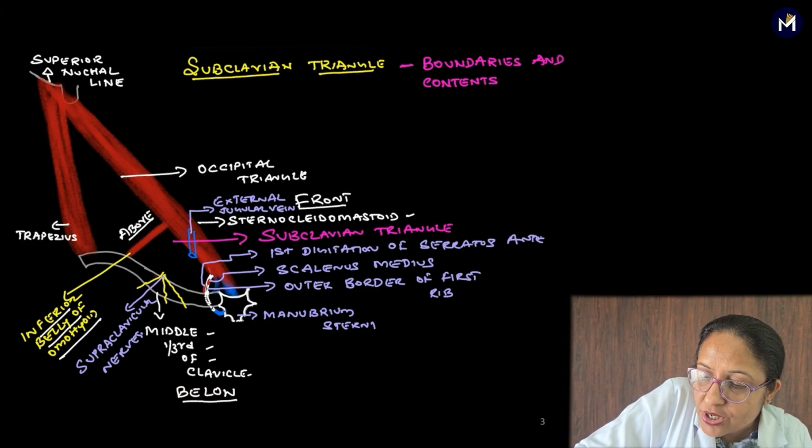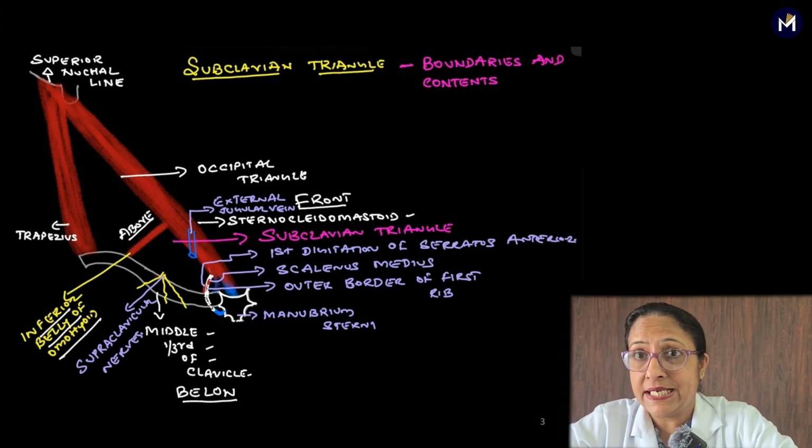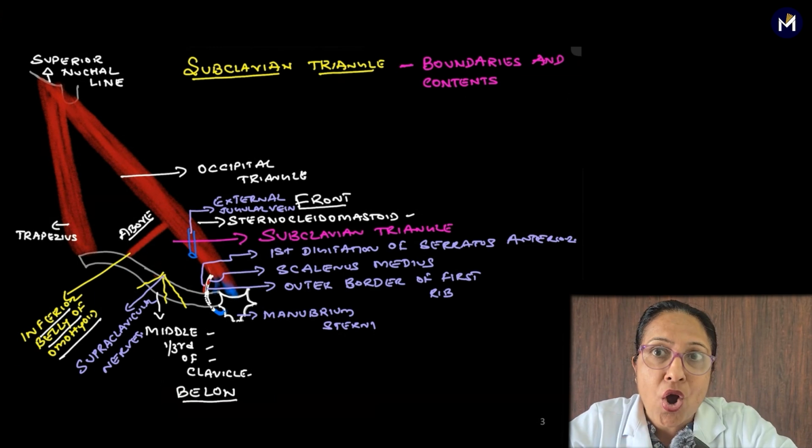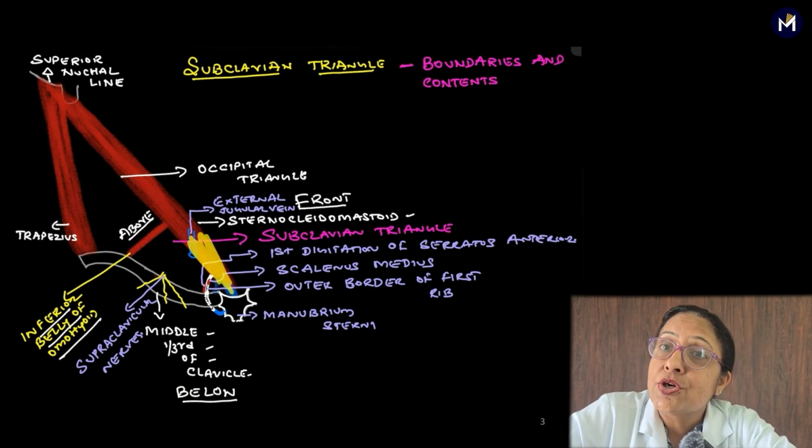So these three structures will form the floor. Scalenus anterior may not form the floor because it is overlapped by the sternocleidomastoid.